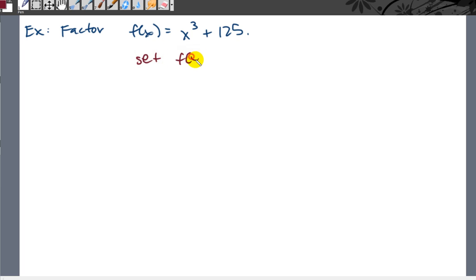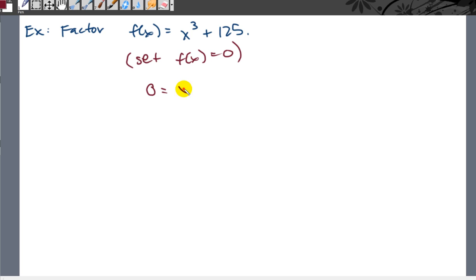Let's say for this next one, I ask you to factor something like x cubed plus 125. Same idea: we set f of x equal to 0.